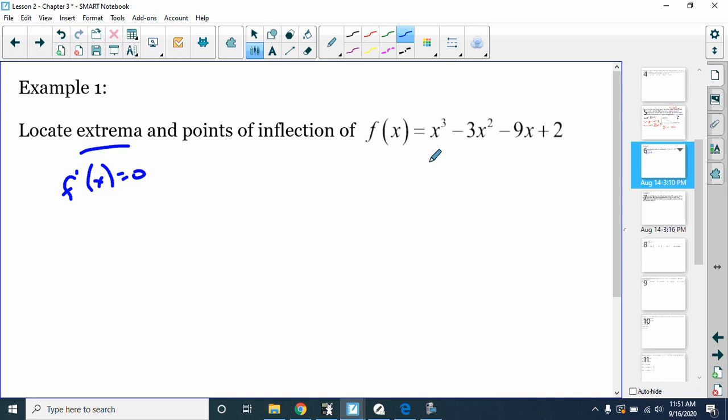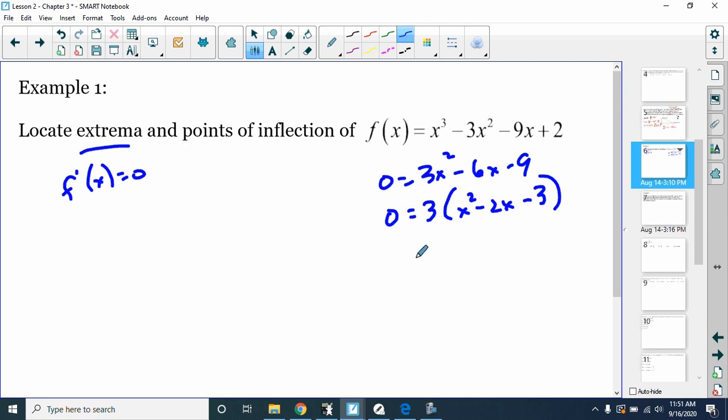So we want to take our first derivative, set it equal to 0, and solve. And we get x equals 3 or x equals -1.